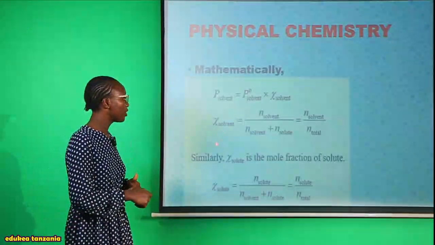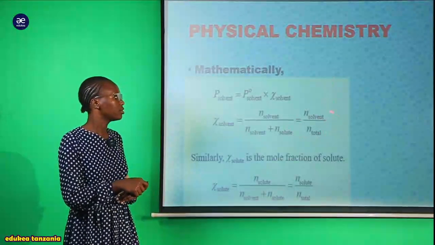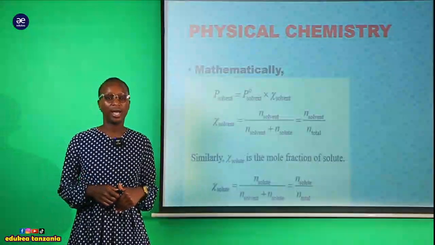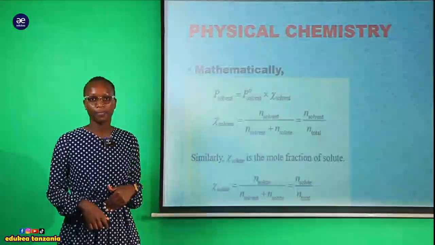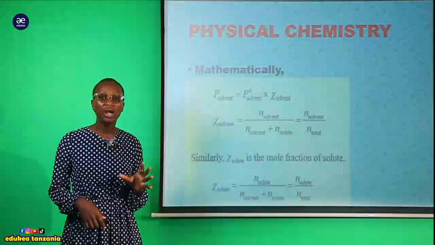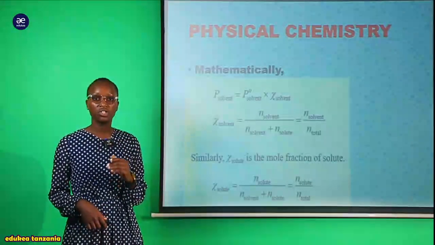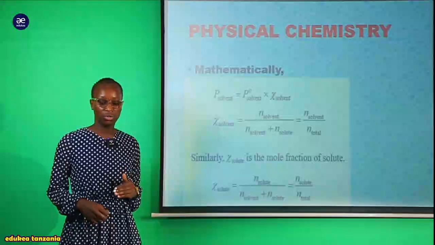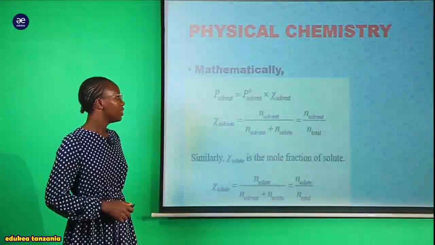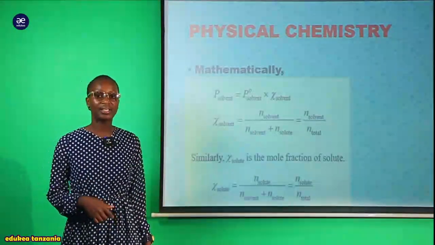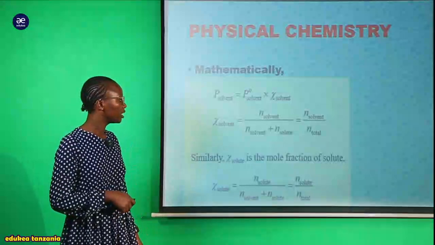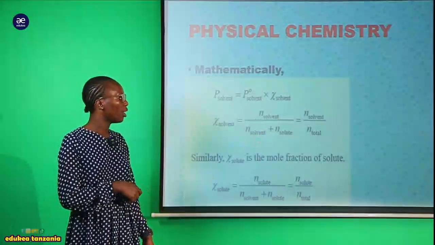Finally tutakuwa na mole fraction of solvent sasa ni n of solvent over n total. Kwa hiyo tutakuwa na mole fraction of the solvent itakuwa sasa ni number of moles of the solvent over total moles. Kwa hiyo tunaanza kufanya rearrangement of our formula.